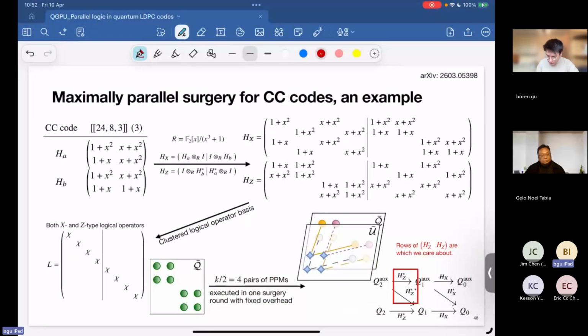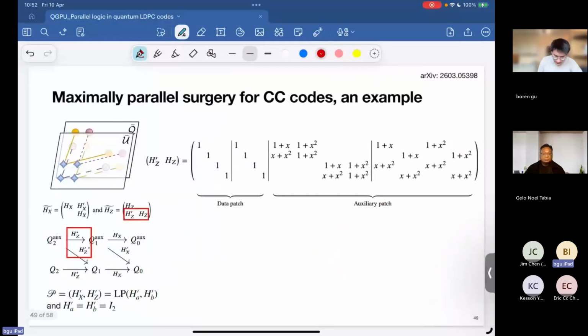By restricting how we choose this HZ prime, which acts on the data patch and determines which ones we want to measure. So how do we choose this HZ prime? We choose it such that there are ones on each single position.